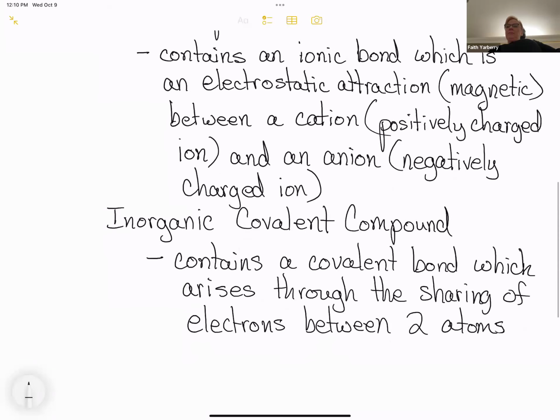The third type of compound we will talk about is a kind of a mix of the two. It is going to be an acid, which I'll discuss in more detail when we get there.